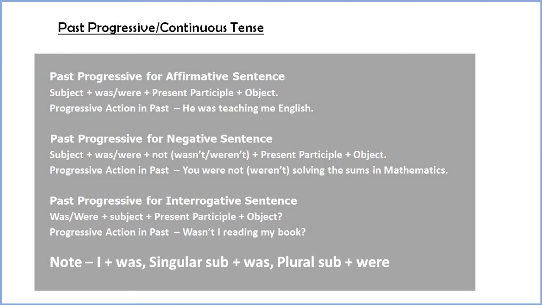Now the rule for interrogative sentences is was or were plus subject plus present participle plus object as well as a question mark. For example, wasn't I reading my book? So students, we use was with I and singular subjects, whereas we use were with plural subjects.